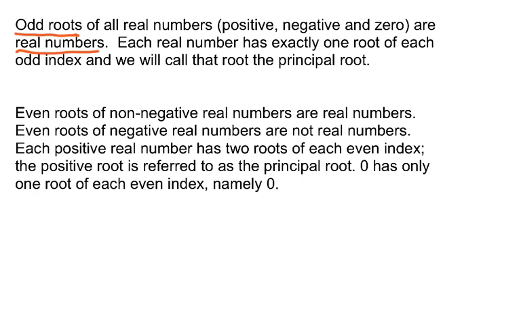Furthermore, each real number has exactly one root of each odd index. So there's not two cube roots like there are two square roots. There's only one, and we will call that one root the principal root.